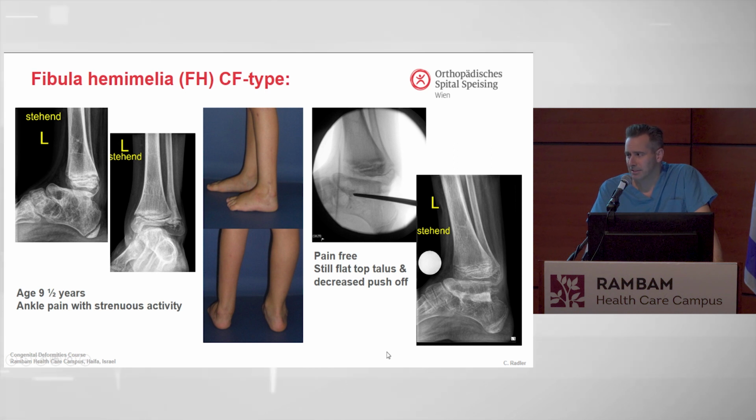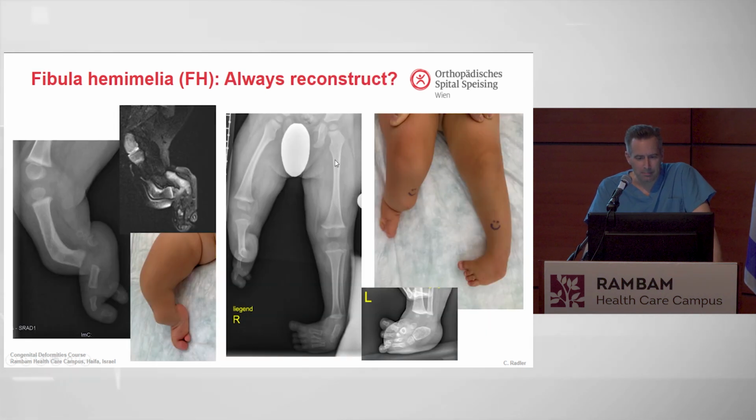I actually saw him just last week or the week before, and now he does have some pain at the ankle joint again. So I think many of those, or some of those cases, they eventually end up in an ankle fusion. But I think you can walk quite nicely with a fused ankle with a short foot. So maybe that's not such a bad thing.